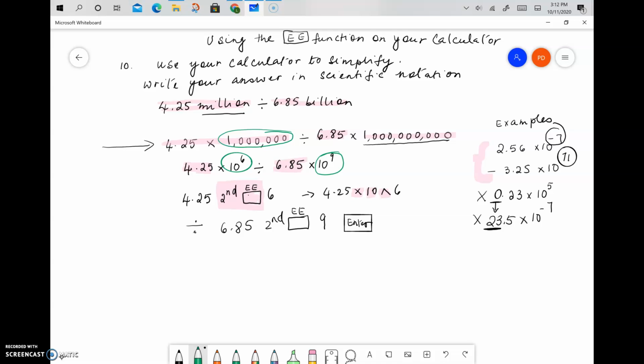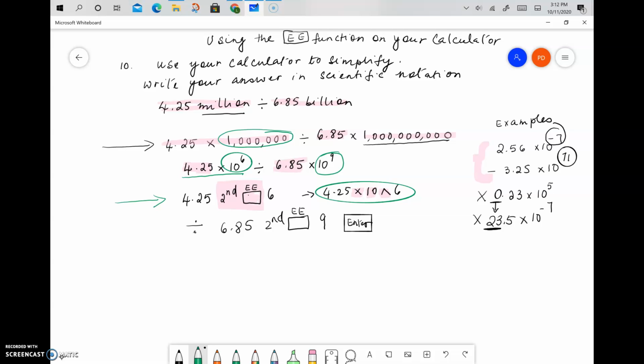Now, if we are using a TI series of calculators, look for the double E function. It's usually the second function. So if you want to enter 4.25 times 10 to the 6th power into the calculator. Now, in a regular calculator where you do not use the E function, this is exactly how you enter it.